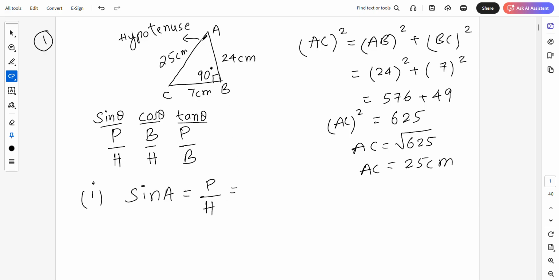This is angle A and this is angle C here. This is right angle at 90 degree. Sin of A is equal to perpendicular by hypotenuse, which for this one is 7 divided by hypotenuse 25. Sin A is 7 by 25.